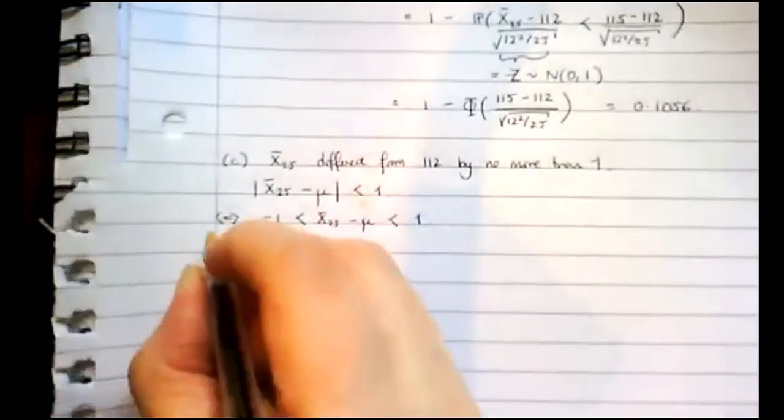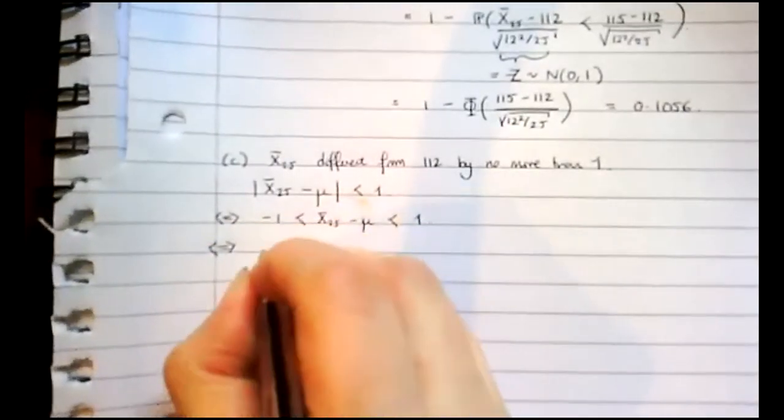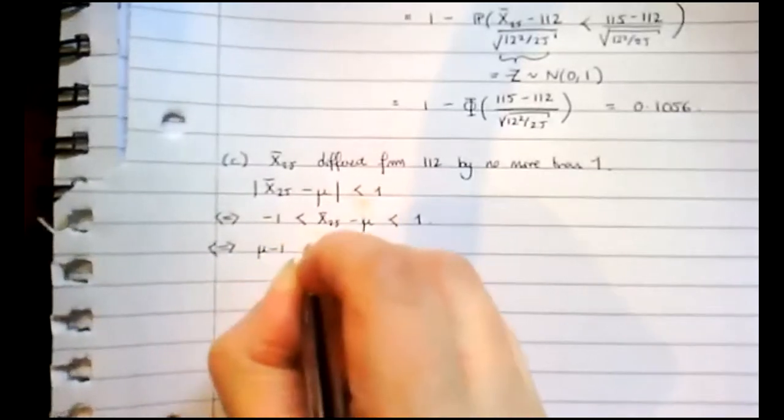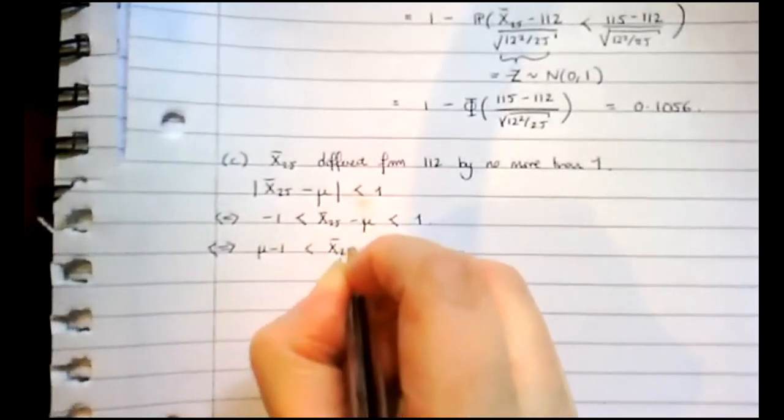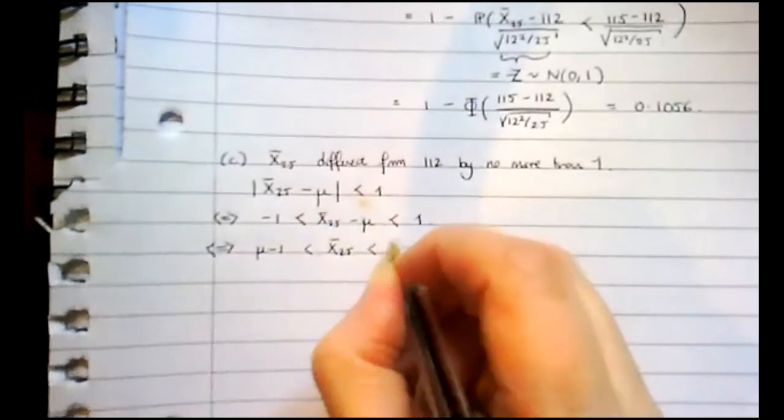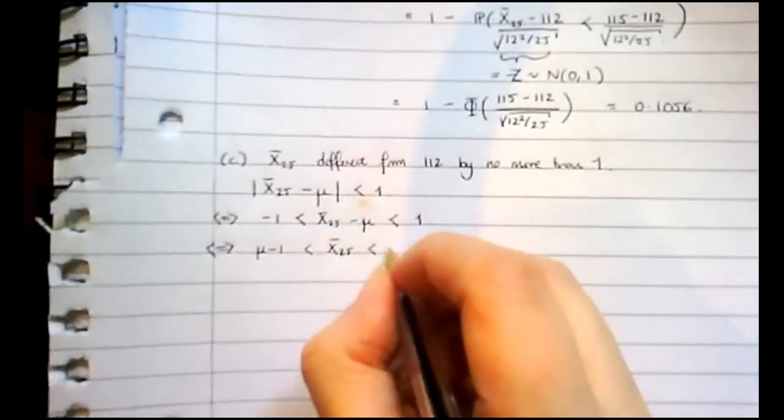Or mu minus 1 is less than X bar 25 less than mu plus 1. So feel free to start with any one of those three, but you're going to find it easier to start with possibly the middle one, because you're a little bit of the way there towards standardizing X bar 25 already.